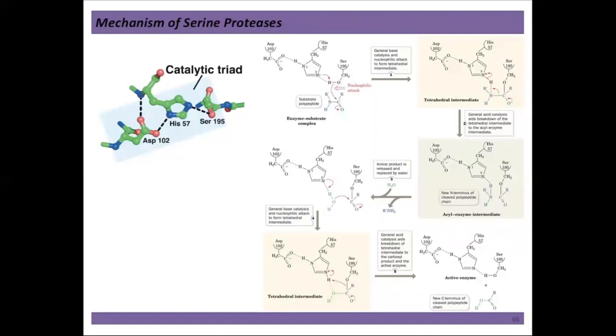So here is the mechanism of the serine protease. You have that histidine that we know is important, and it is in complex with that OH in a hydrogen bond. Essentially it's going to act as a base and deprotonate that serine, making that serine much more nucleophilic and allowing it to attack that carbonyl, forming a tetrahedral intermediate.